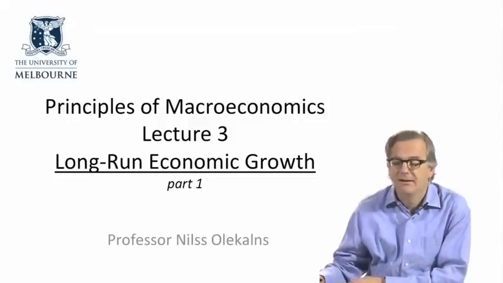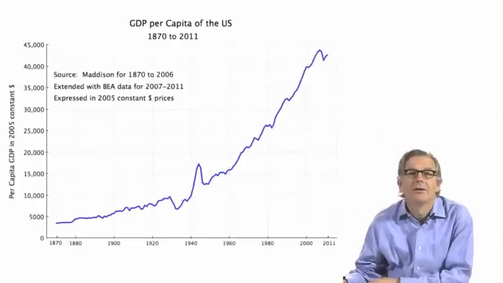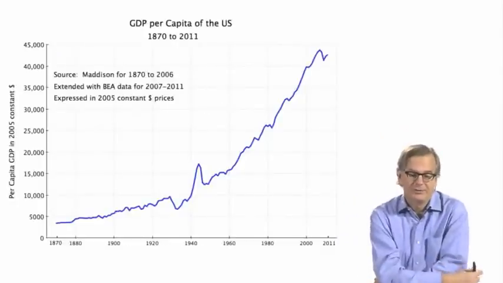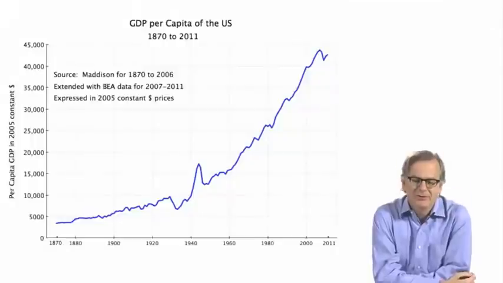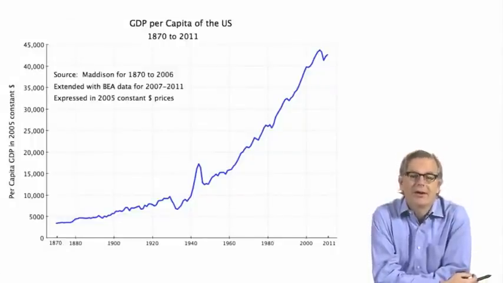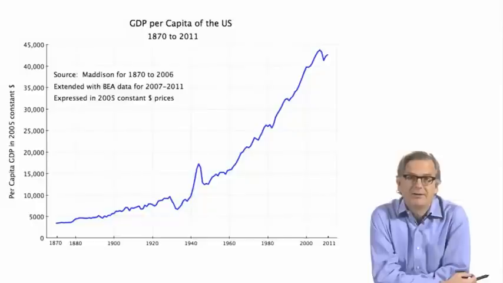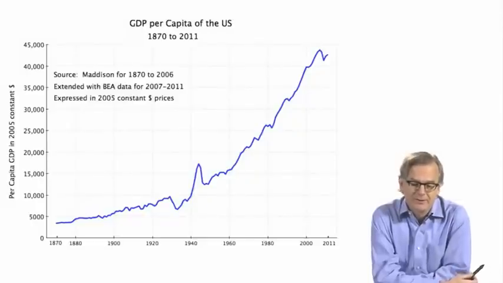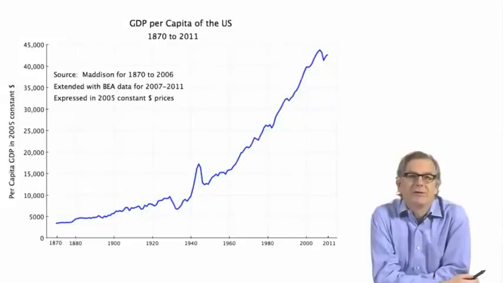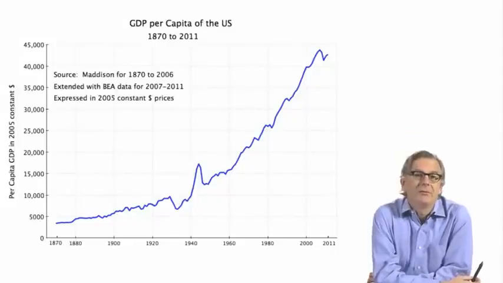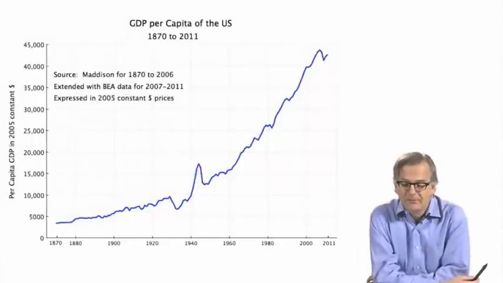So let's begin with a very important observation. And the observation is this: what you're looking at is gross domestic product per capita for the United States. Very long-run data, indeed, going back to the 1870s. Per capita simply means we're looking at the average flow of GDP per person in the economy.